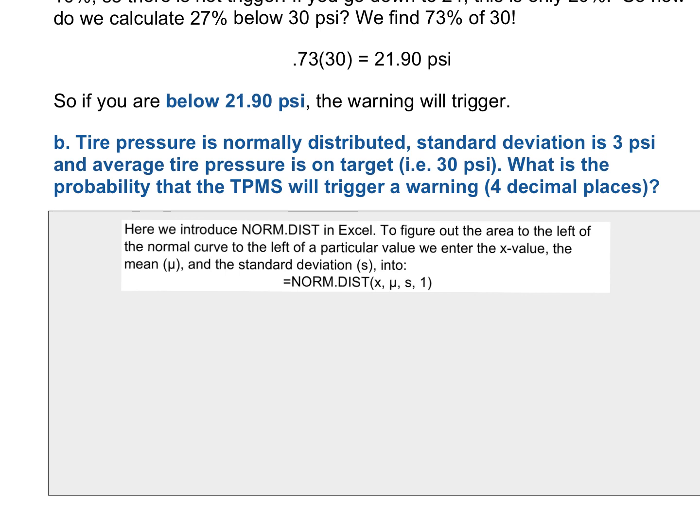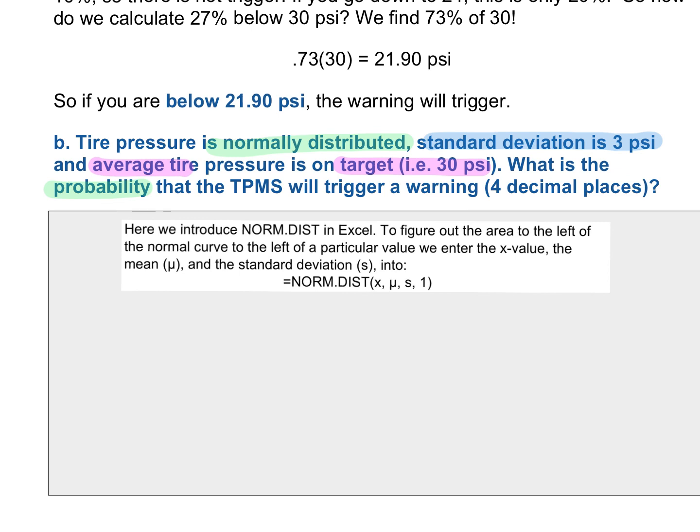So then for part B, because it's telling us now that the tire pressure is normally distributed, and it gave us a standard deviation, and it gave us an average or a mean, and it's asking us for the probability that it'll trigger a warning, we are going to use that normal distribution formula that I introduced in problem number 5.